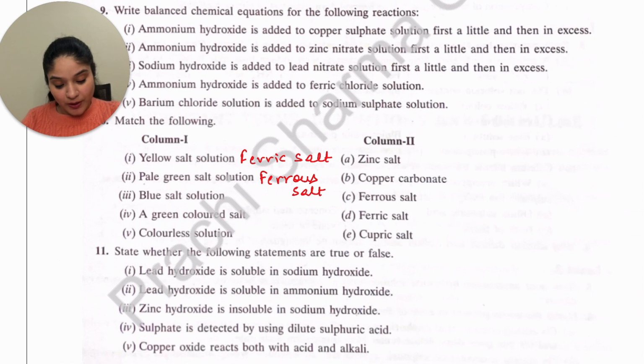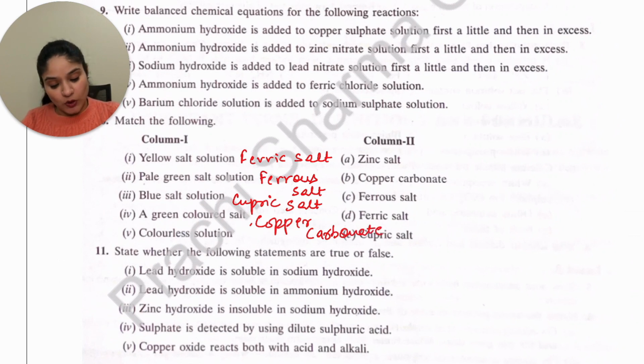Then you have blue salt solution. Blue is generally, you always pick up copper from that. So if you look at the options, your answer would be cupric salt. Green colored salt will be copper carbonate. Then colorless solution would be zinc salt.